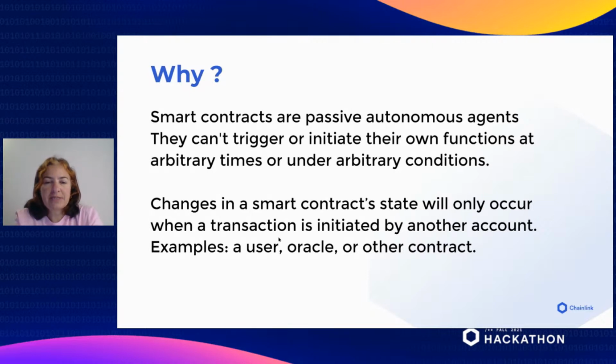So this is keepers. The keeper, it's the upkeep. It is a job that will interact with our smart contract. The changes in the smart contract only occur when a transaction is initiated by another account, an external account, or another smart contract. So we are doing this just now.